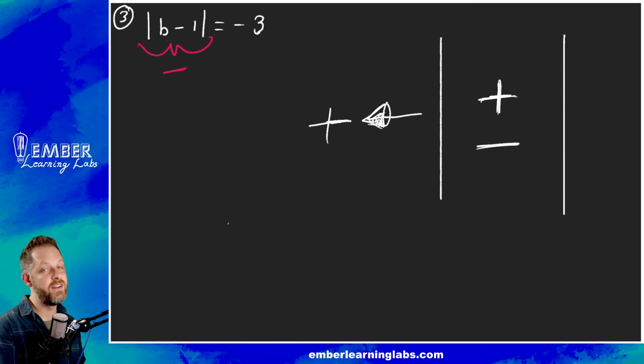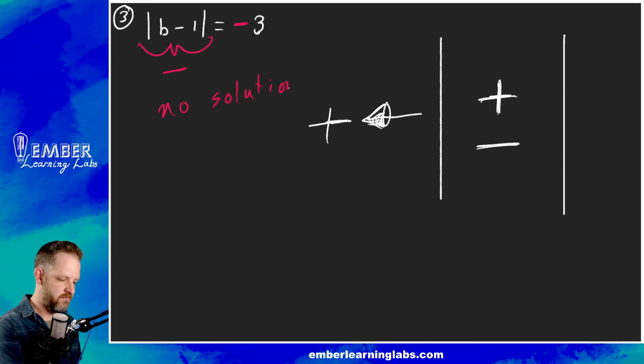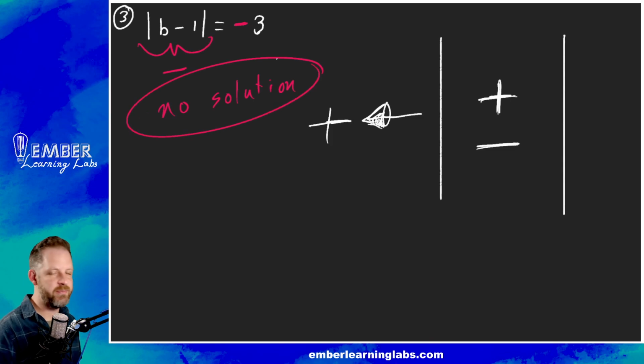Oh, no, there is not, because we cannot take the absolute value of something and end up with a negative. So if we got an absolute value of something equals a negative, we don't even have to do any work. Yay! We just write no solution and move on with our life. That's easy peasy. Easy, easy, easy.